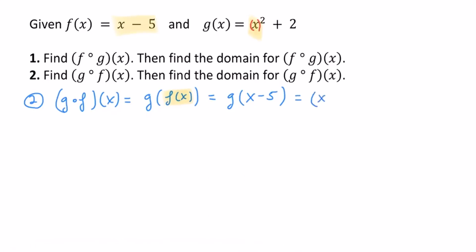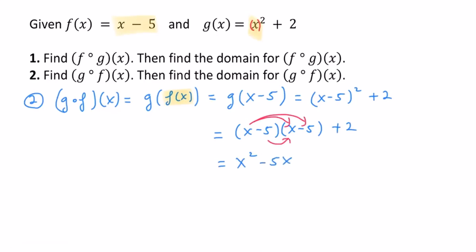So here we have x minus 5 squared plus 2. So that is x minus 5 times x minus 5 plus 2. Foil it, x times x, so that is x squared. X times negative 5, so negative 5x.